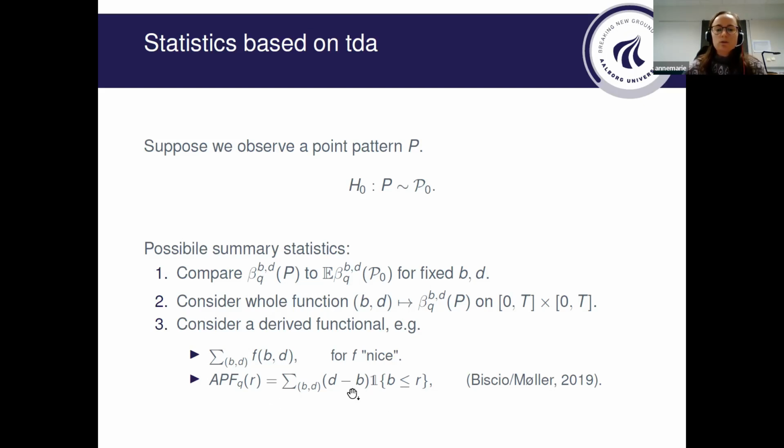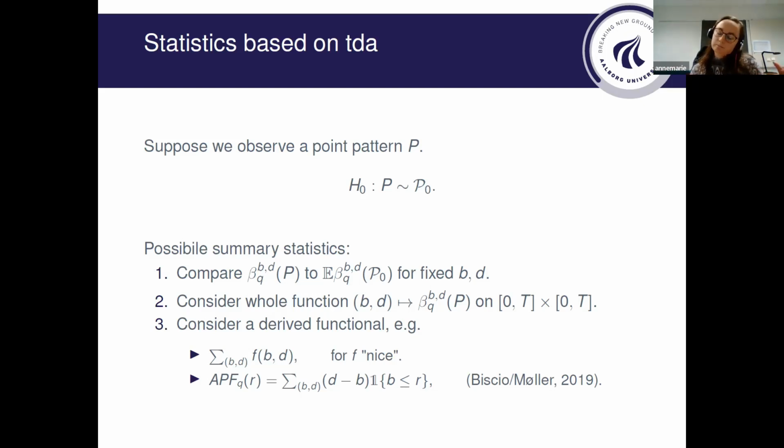Yeah, so you could use any of these summary statistics for your statistics, and then it would be possible to do the statistics without assuming any distribution on your summary statistics, just by simulating a lot from your null model and then comparing.